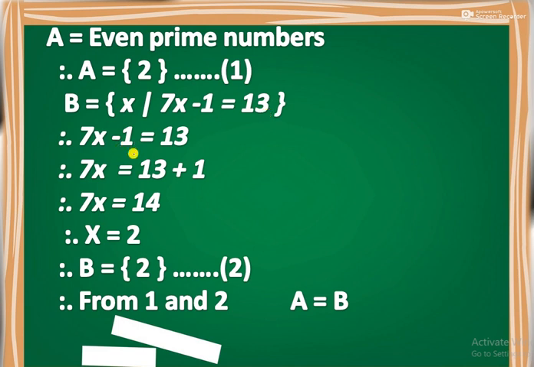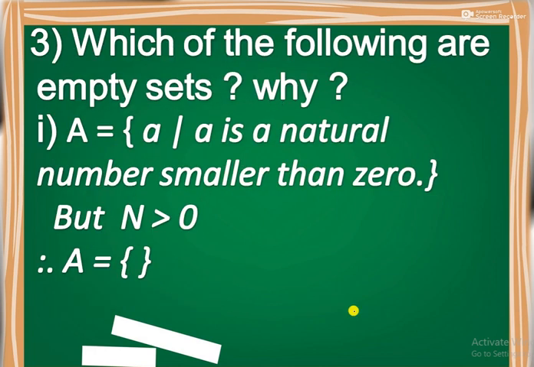After solving this equation we will get the value of x is 2. Therefore B is a set of 2. From equation 1 and equation 2 we can say that A is equal to B. That means set A and set B are equal sets.